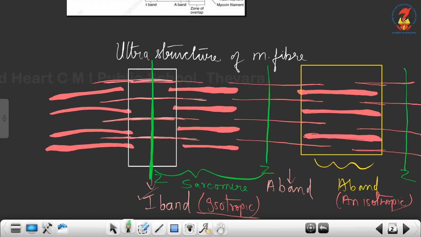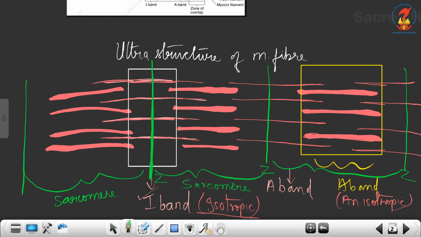It is the contractile unit or structural unit of contraction. So again, this is the second sarcomere. So the distance between consecutive Z lines is called the sarcomere. So depicted on the board are 3 sarcomeres. So sarcomere is the portion between two Z lines. So that's all about the I band.